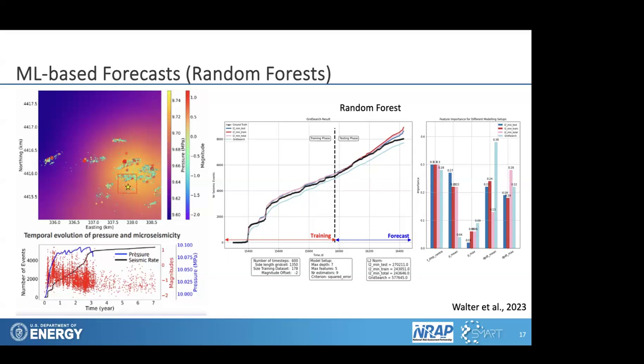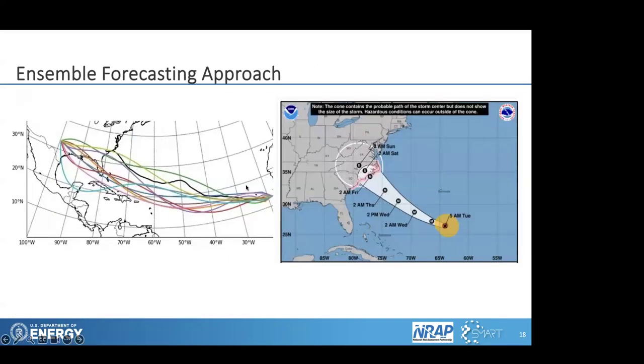So in addition to the two types of traditional seismic forecasting workflows that we are incorporating, so that would be your physics-based forecast and your statistical-based forecast, we are also working on incorporating various types of machine learning-based forecasts into the ensemble as well. And as I mentioned before, now we've seen basically 4 or 5 different types of forecasting approaches, all with various levels of confidence and all with different predictions.